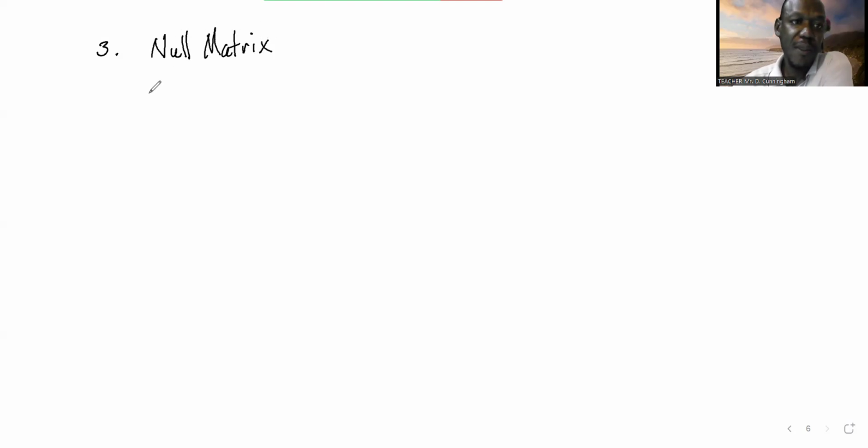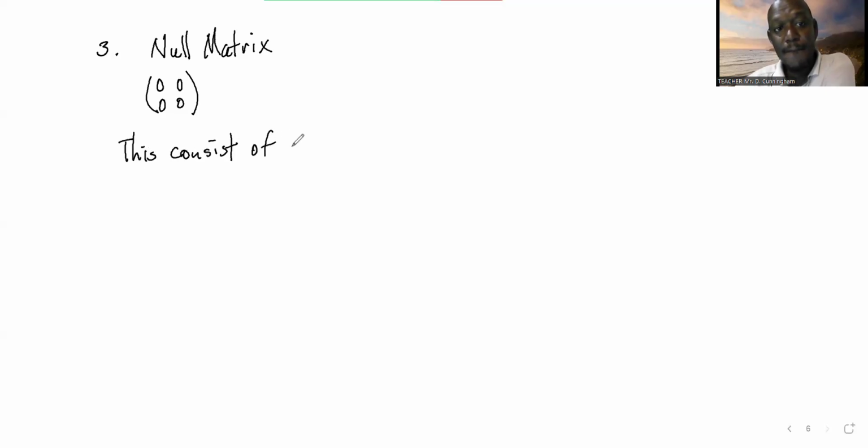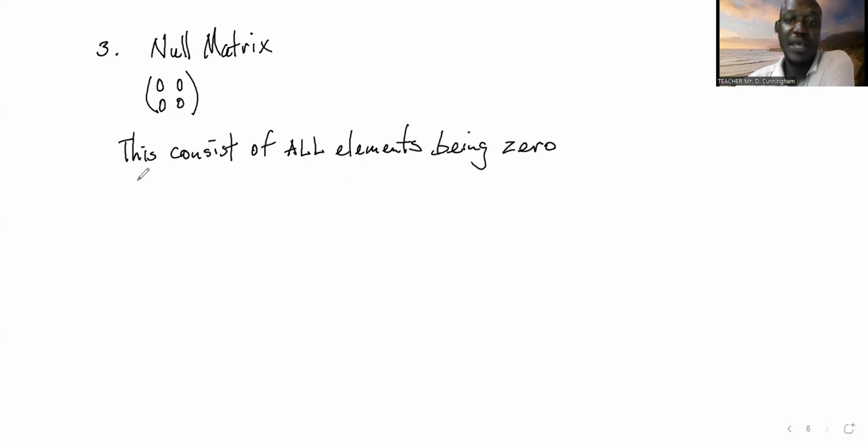The null matrix, a null matrix would be, so all the elements are 0, all the elements being zero.